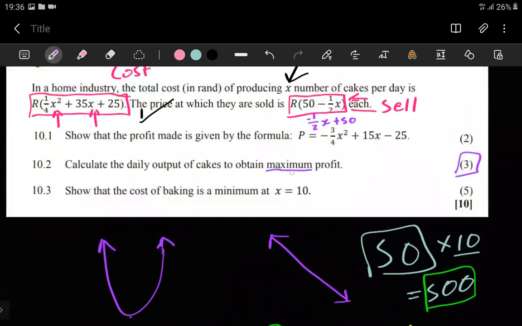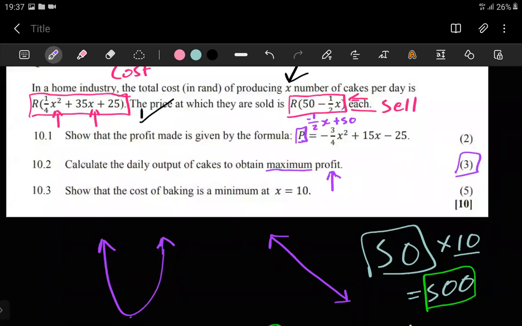Anytime you see this word, always focus on, firstly, getting an equation of what they're talking about. So whatever they're talking about here, they're talking about profit. Secondly, we have an equation of profit. That's good. As long as you have an equation of what they're talking about, that's like 1 foot in the door.